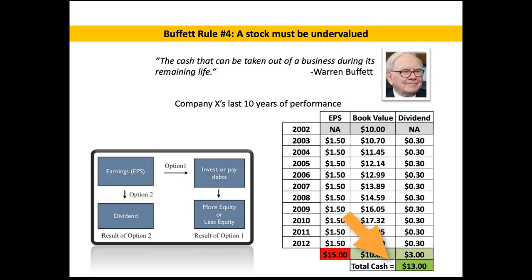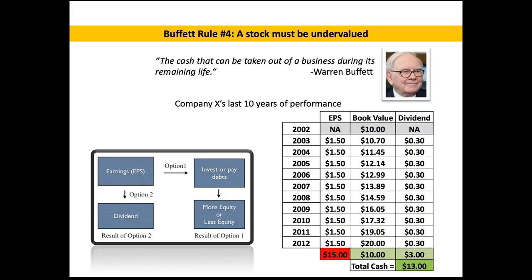Okay, you can see the book value grew by 10, and then we just summed up all of our dividend payments, and that comes to $13 when we total those. So over a 10-year period, we essentially lost $2 just through the system that this company was operating. Okay, even though that profit was made, it slipped through the cracks of the system, and you lost $2 in actual money that should have gone into your pocket.